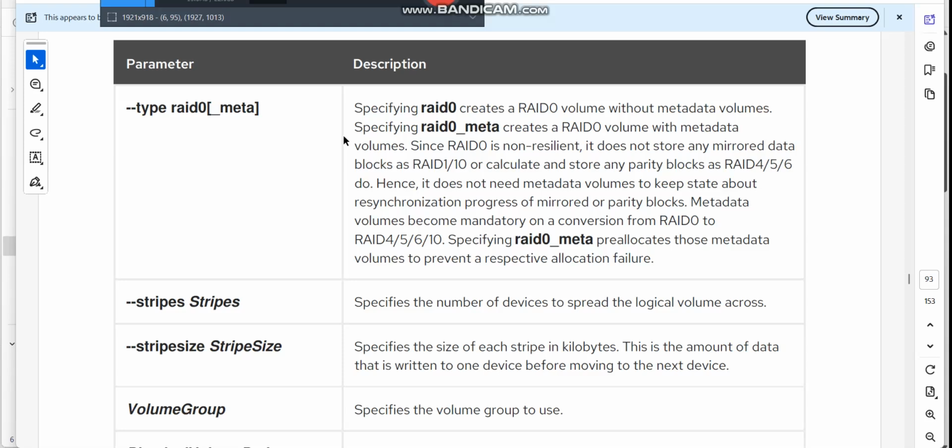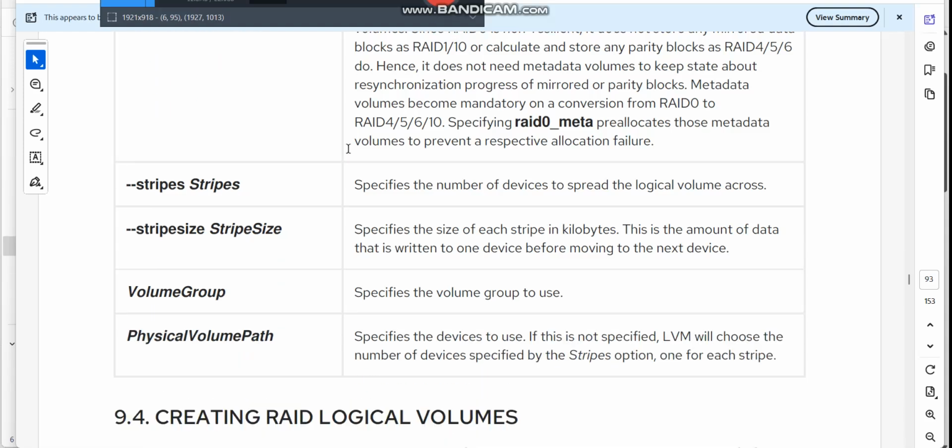Metadata volumes become mandatory on a conversion from RAID 0 to RAID 4, 5, 6 or 10. Specifying raid0_meta pre-allocates those metadata volumes to prevent a respective allocation failure. --stripes Stripes specifies the number of devices to spread the logical volume across. --stripesize StripeSize specifies the size of each stripe in kilobytes.